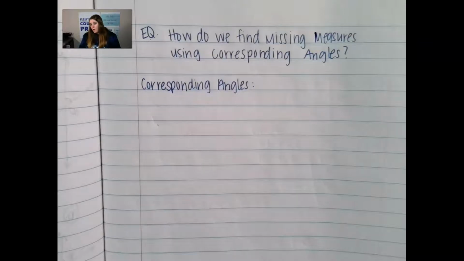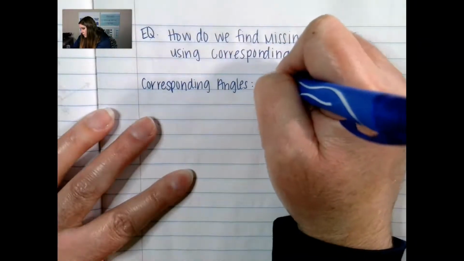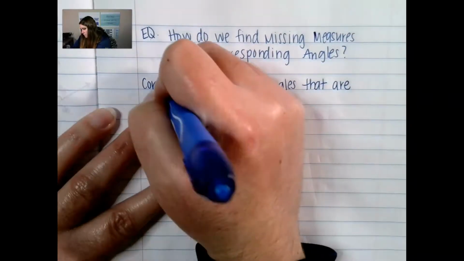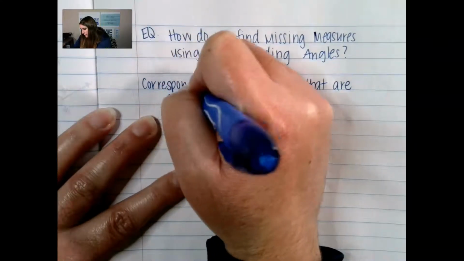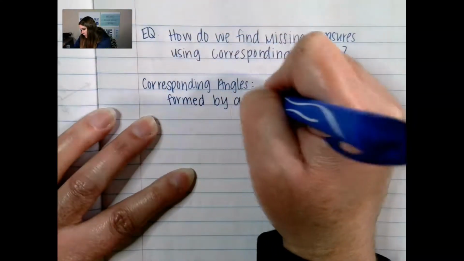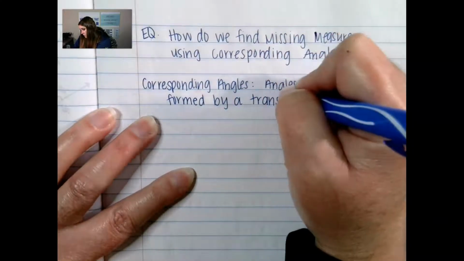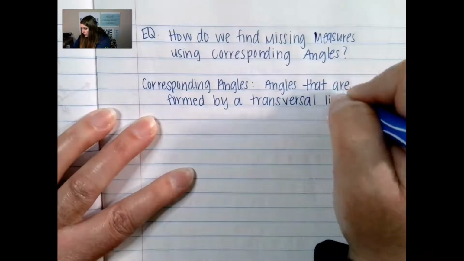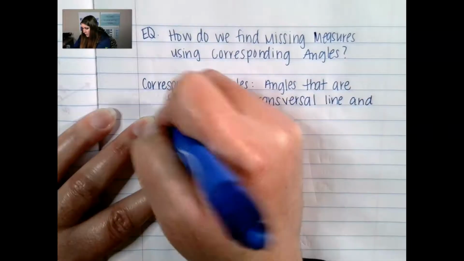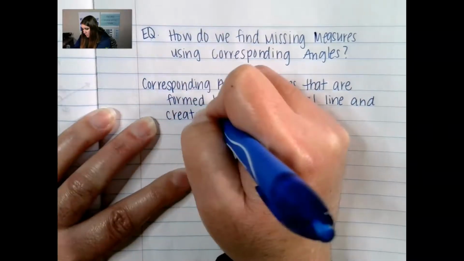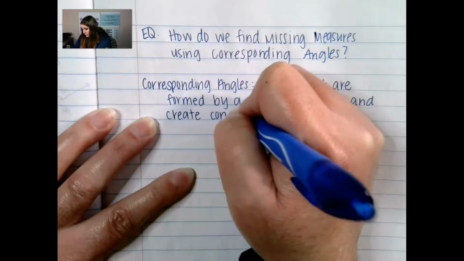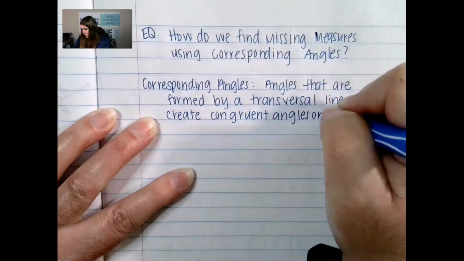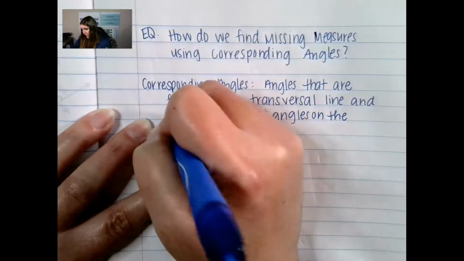So corresponding angles are angles that are formed by a transversal and create congruent angles on the same side, same position.